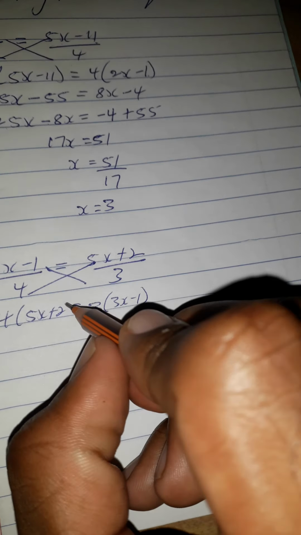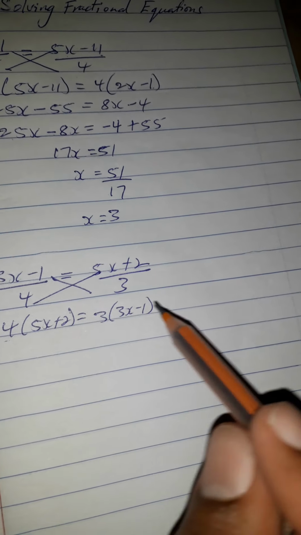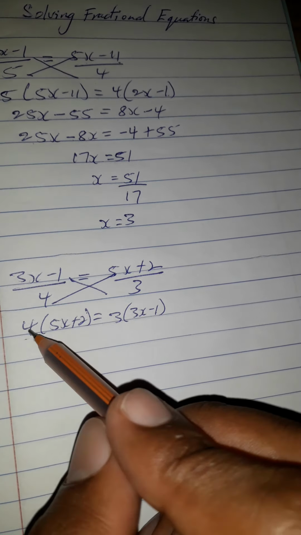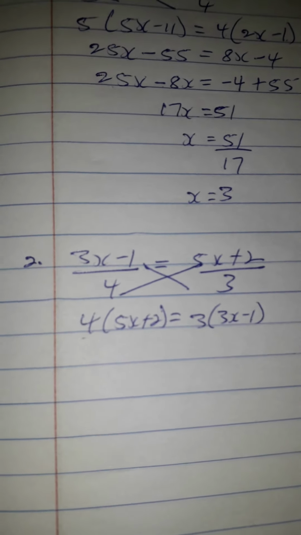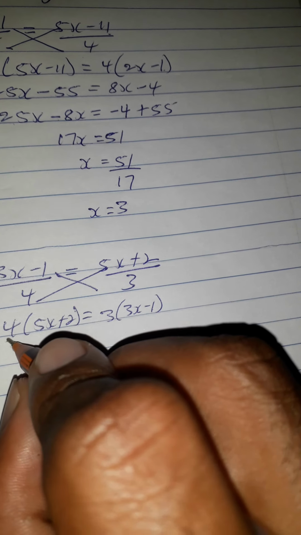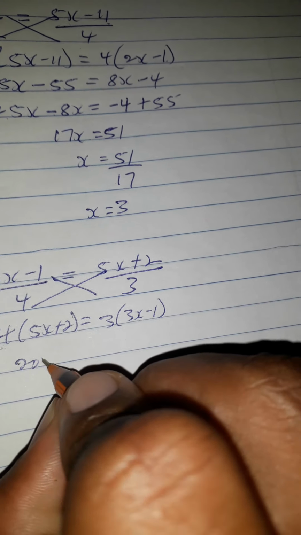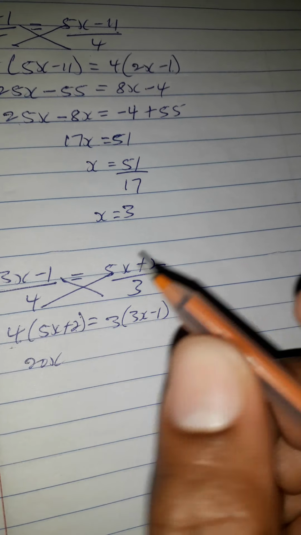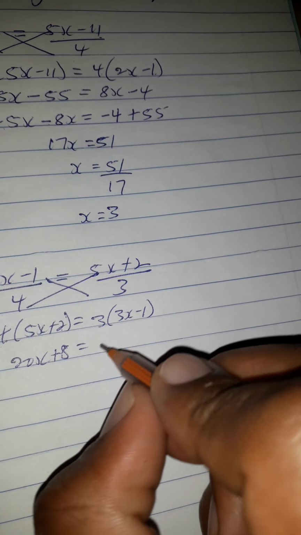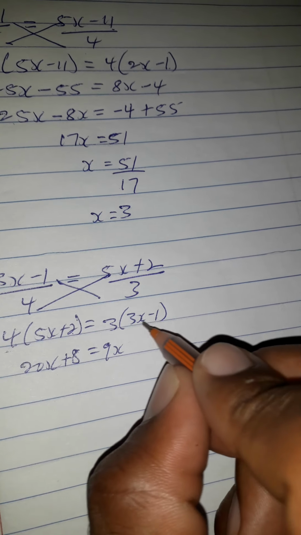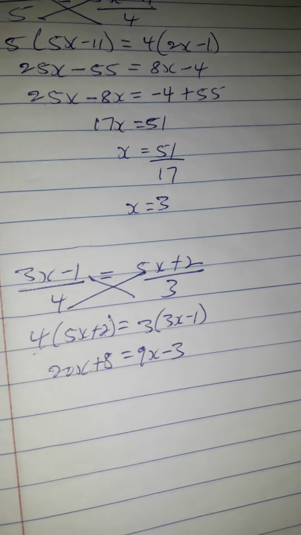And again, we can write this on that side of the equal sign and put this over that side. It doesn't matter which side we put it. Good, so now we clear our brackets. 4 times 5x, 20x. 4 times positive 2 will give us positive 8. 3 times 3x, 9x. 3 times negative 1 will give us negative 3.